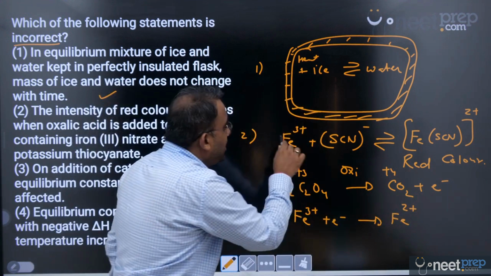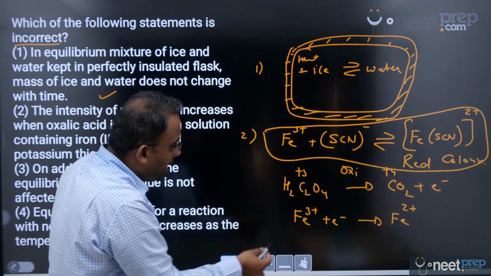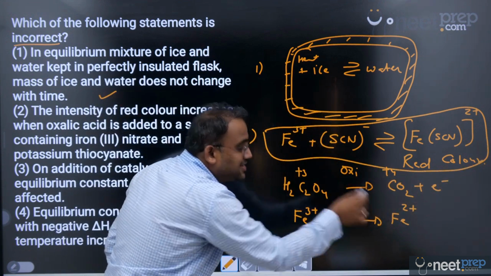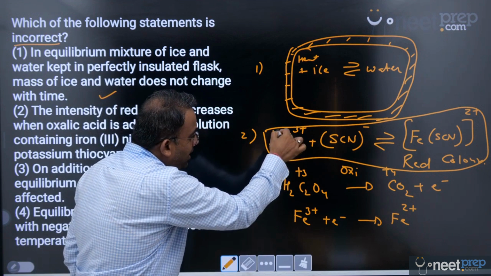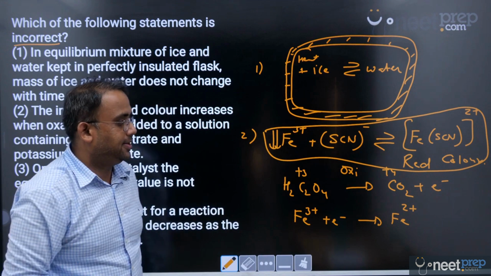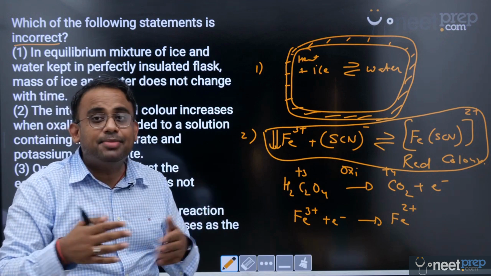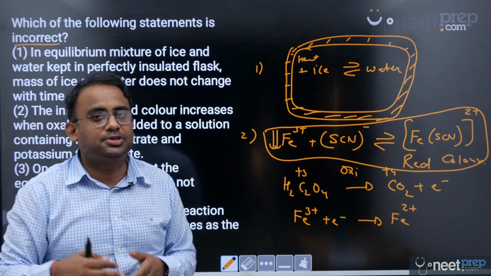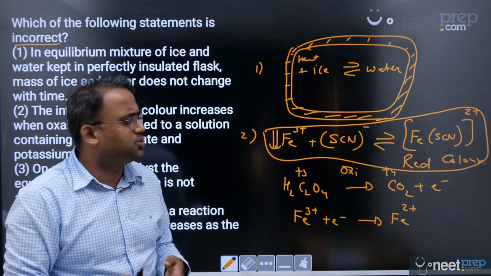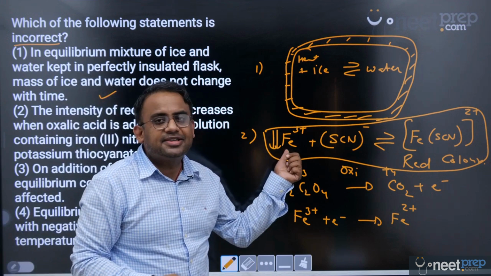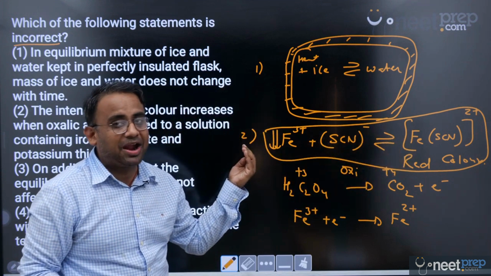Now earlier equilibrium was achieved here. As Fe3+ ion is getting converted into Fe2+ ion, there will be a drop in concentration of the reactant. And according to Le Chatelier's principle, which governs the dynamics of equilibrium, where equilibrium is going to shift if there are any changes, if we decrease the concentration of the reactant, then this equilibrium will shift in the backward direction.